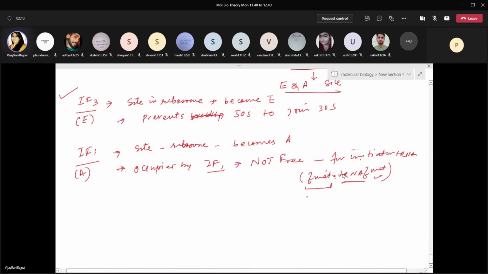The site occupied by IF1 will become the A site. Once the A site is occupied by IF1, it is not free for initiator tRNA, so IF1 prevents binding of initiator tRNA to the A site.